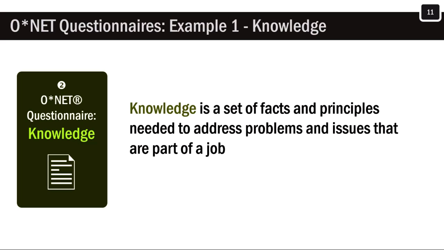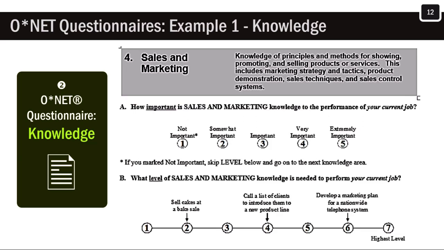And here's an example of the area of knowledge, sales and marketing, and the questions associated with that. Each knowledge area has 2 questions. One asks how important this particular area of knowledge is for this particular occupation, and the respondent needs to rank it from not important to extremely important.